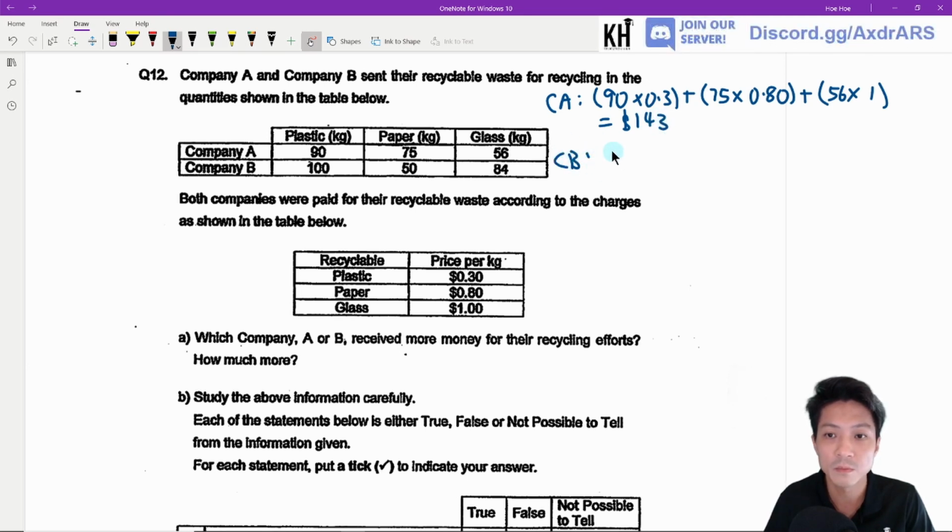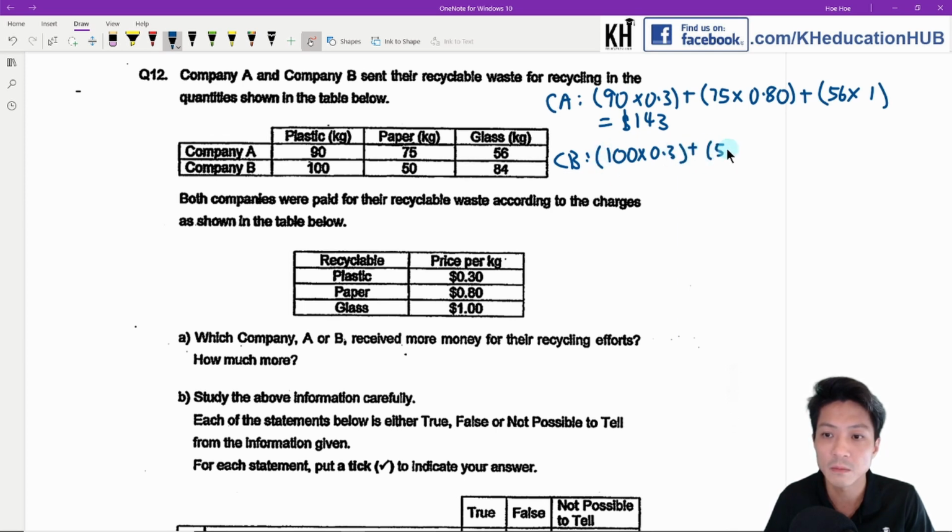For company B will be 100 times 0.3, okay, plus 50 times 0.8 plus 84 times 1.